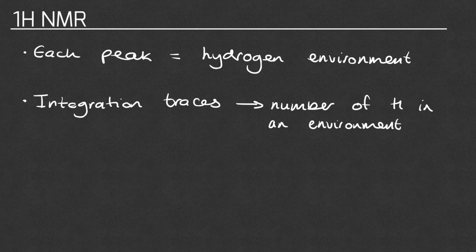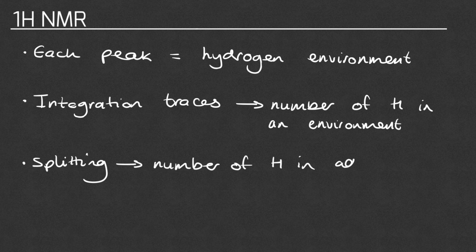We have something called integration traces, which give you the number of hydrogens in each environment, and splitting can tell you the number of hydrogens in adjacent environments. So hydrogen NMR can give you a lot more information compared to carbon NMR.